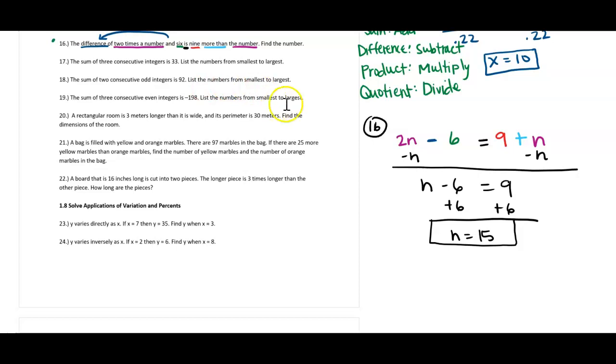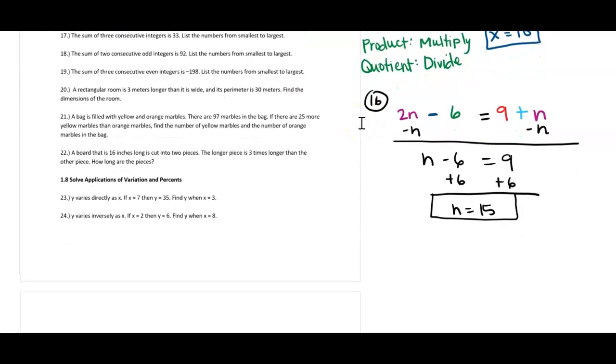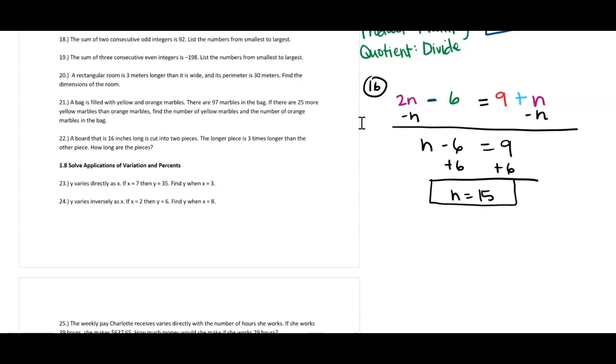Have to scroll down a little bit here. Have some room to write this. Okay, so remember when we have these consecutive, it doesn't matter if it's consecutive odd or consecutive even, but consecutive numbers mean one right after another, right? So consecutive odd integers would be like 1, 3, 5.